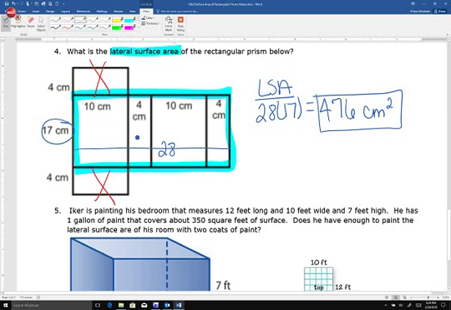It is squared because it is a two-dimensional shape. Do we have any questions about finding the lateral surface area at this time?